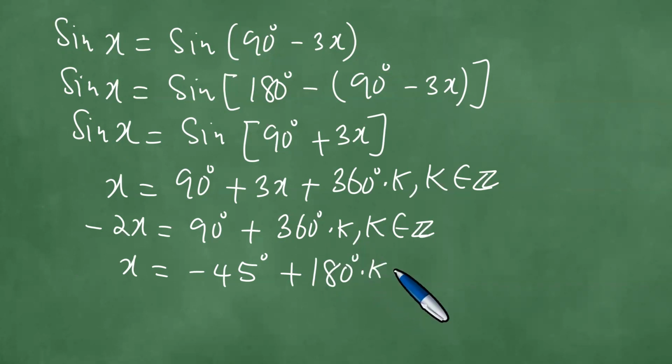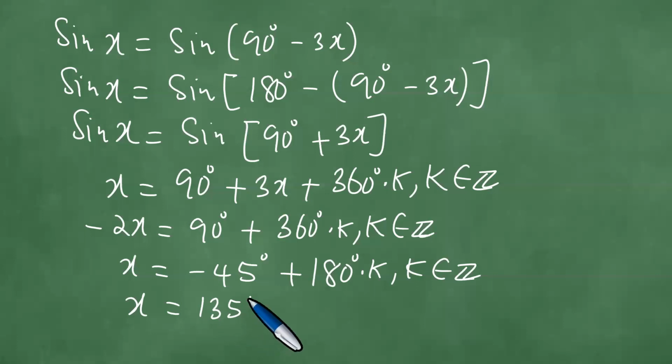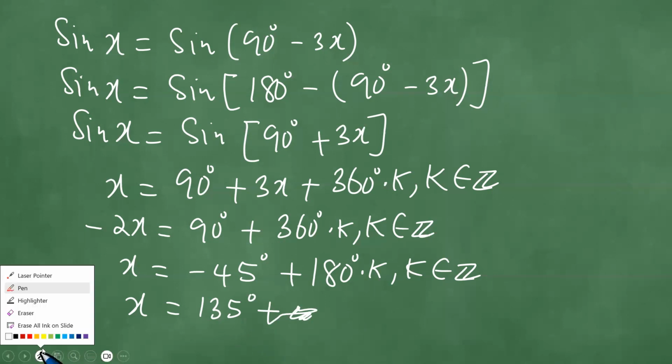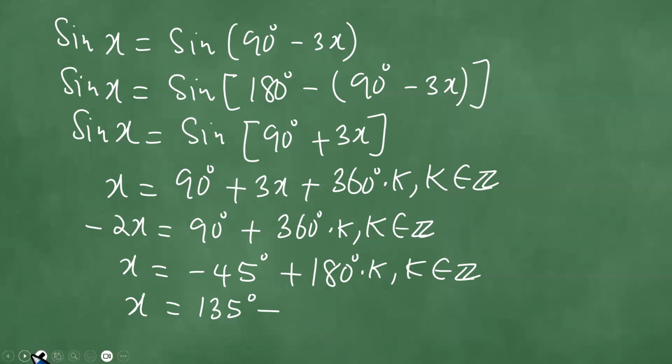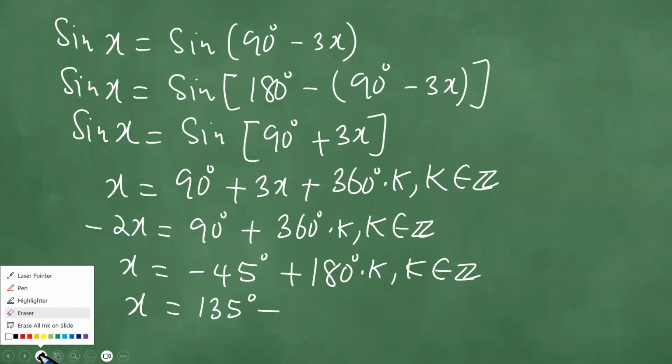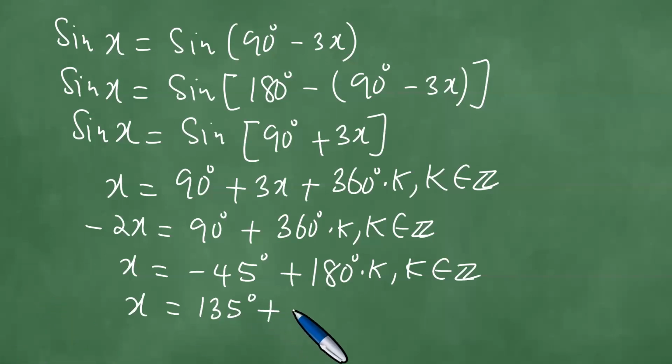So it's 180 degrees by k, where k is an element of Z. And this is exactly the same as 135 degrees plus 180 degrees by k, because if k is 1, we have 180 degrees minus 45, which is 135 degrees, where k is an element of the set of integers. So that gives us a possible solution as well.